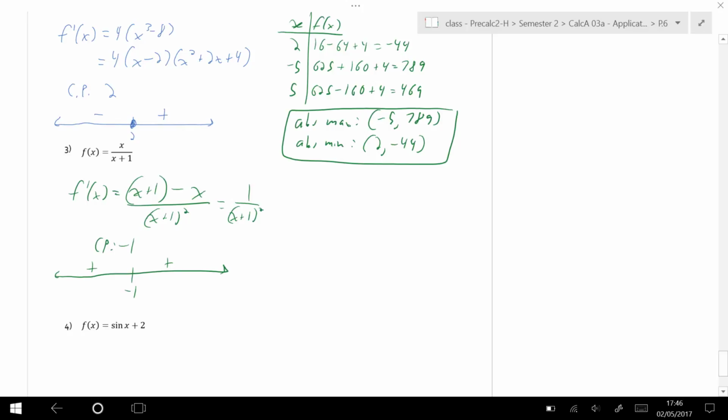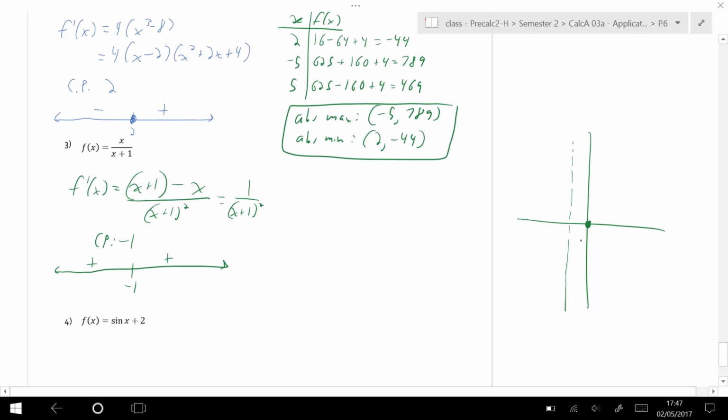How that happens is basically how this graph looks. But if I try to graph it, I've got an x-intercept of 0, 0. I have a vertical asymptote at -1. Really what's happening, no, it's not a double asymptote, it's a single asymptote, looking at the original function.